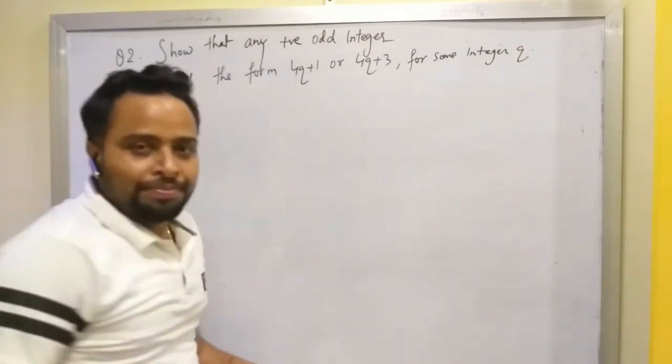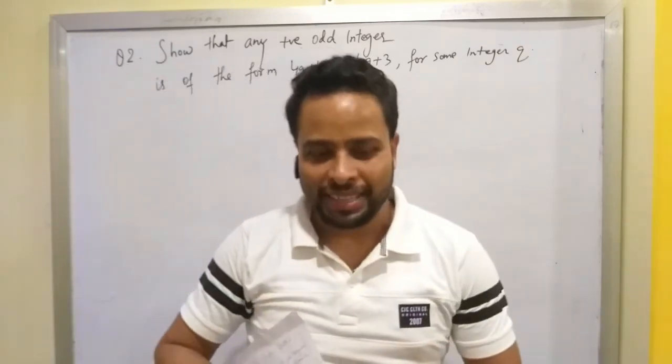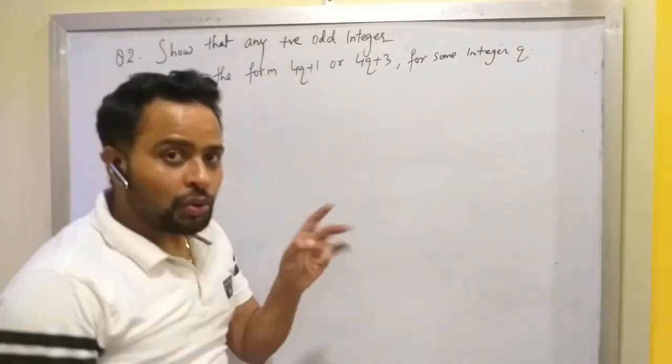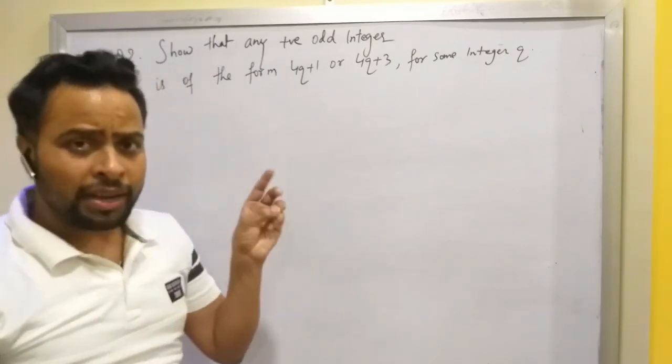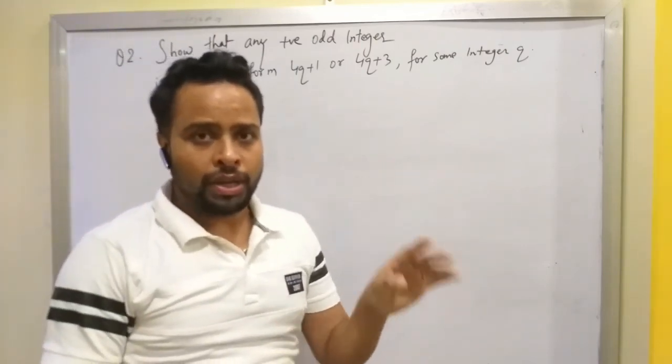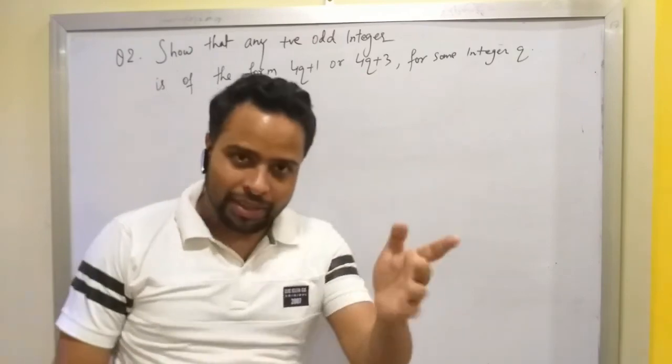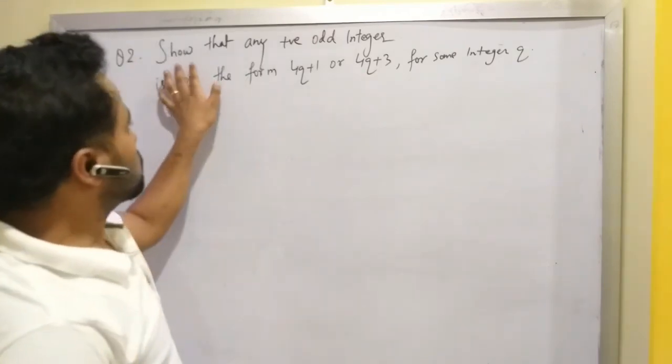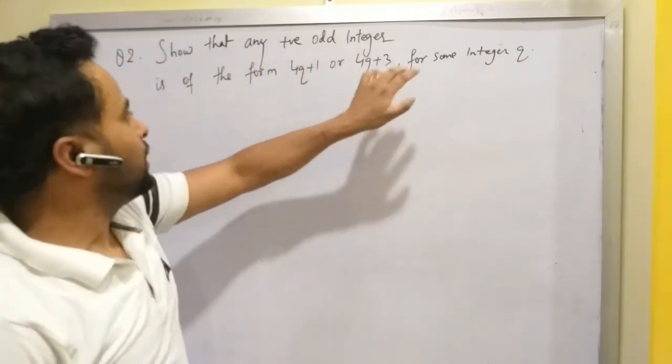Okay, deep breath, isn't it? So we are in question number 2. Remember students, these are the first two very important questions of Euclid. What is the chapter? Real numbers. Yes. So, any positive odd integer.